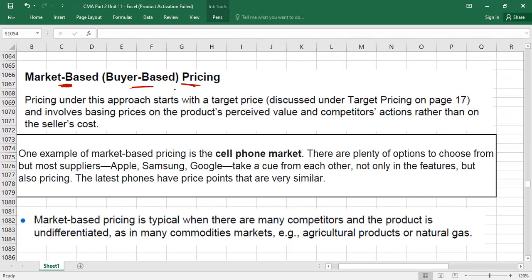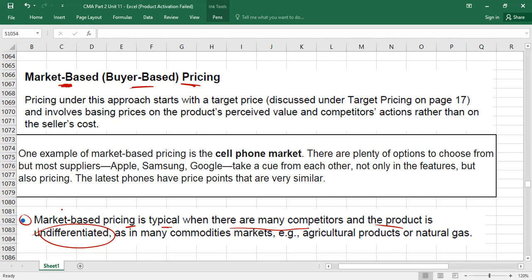So here is a definition. What is market based pricing? It is like a going rate, as I told you, whatever rate is prevailing in the market. Market based pricing is typical when there are many competitors and the product is undifferentiated, as happens in commodity markets. For example, there are many buyers or sellers who want to buy or sell wheat, rice.